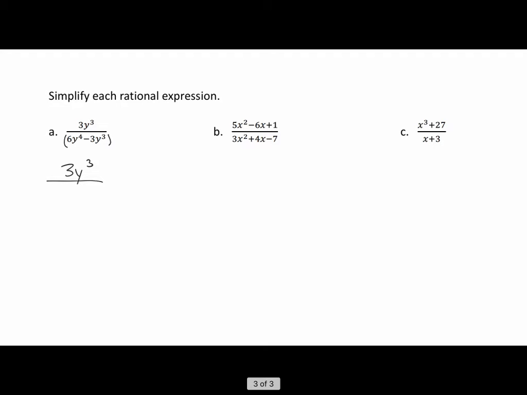And then I'm going to go through the flowchart. So there's 2 terms. Do they have a common factor? Let's see. It looks like they do. There's a GCF here of 3 for the numbers and y to the lowest exponent. So I'm going to factor that out, 3y cubed.